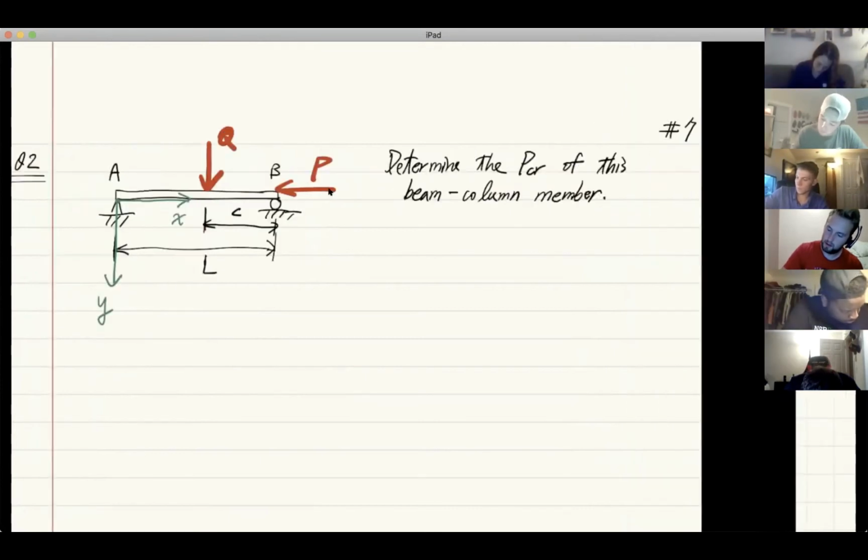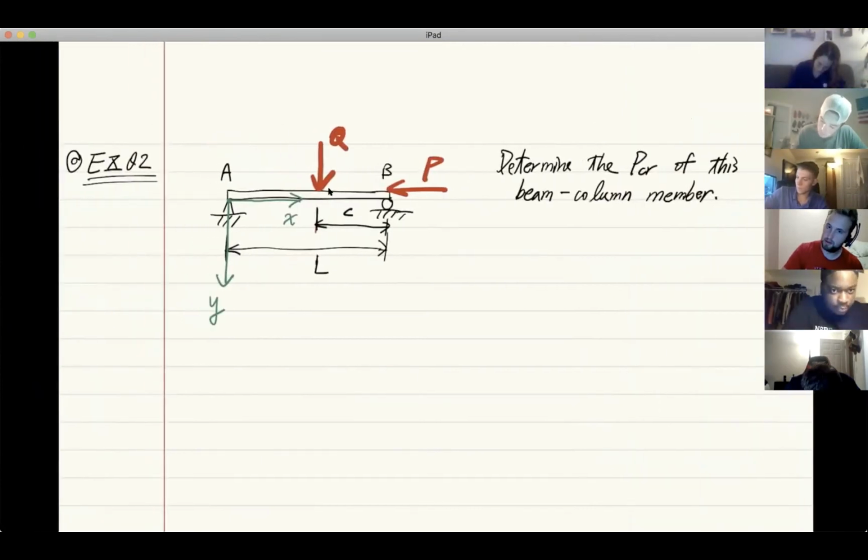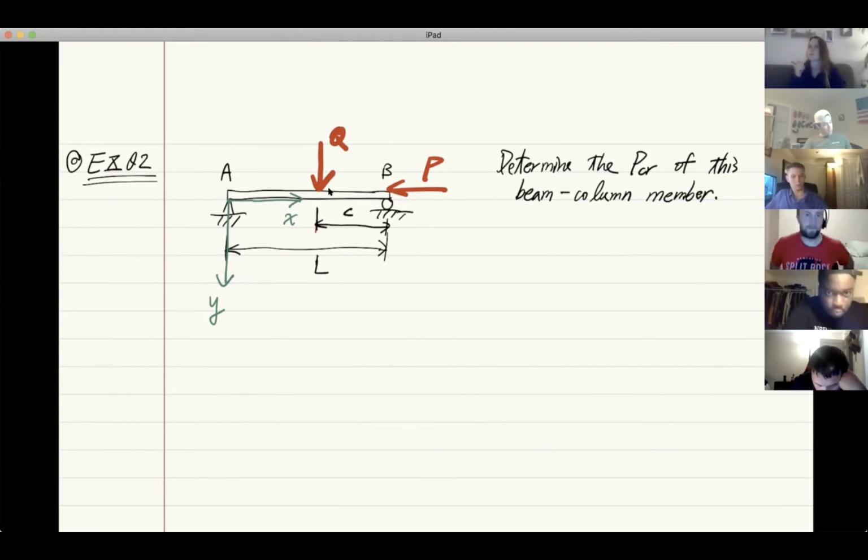Remember, why do we call this a beam column? We call this a beam member because of the force Q. We call this a column member because of force P. When you have both P and Q, where one force is along the longitudinal direction and the other is perpendicular, this constitutes what we call a beam column element or beam column member.